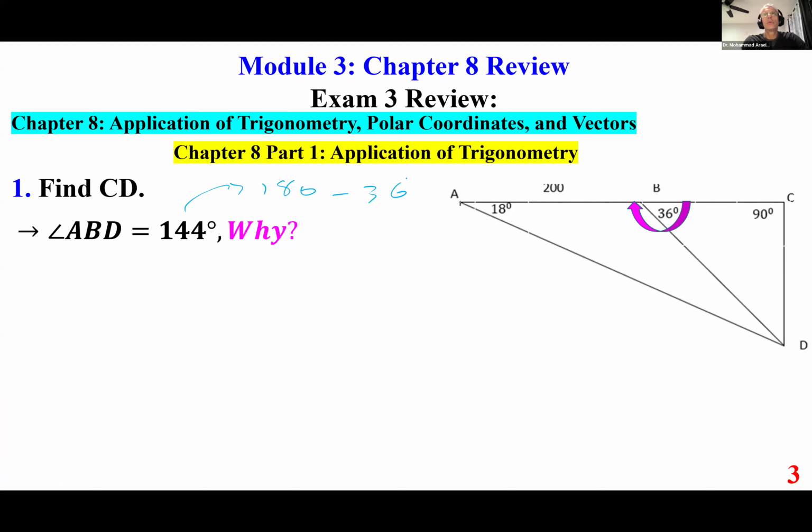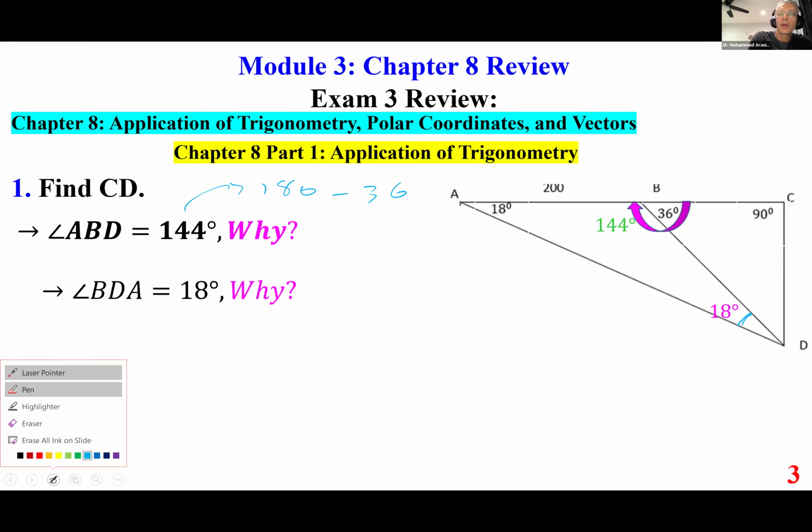And so this is 144 degrees. This angle is 18 degrees because these three angles must add up to 180.